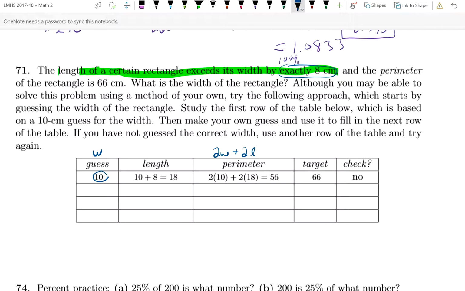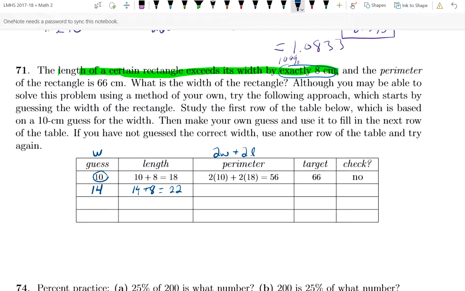So should our next guess be bigger or smaller? Bigger. All right, give me a bigger guess. 14. All right, let's go 14. So the length would be 14 plus 8, so the length would be 22.